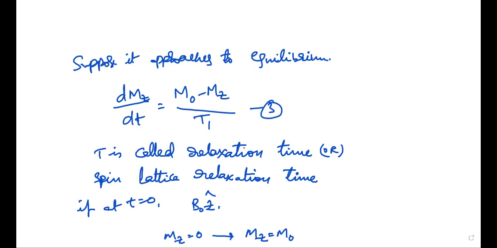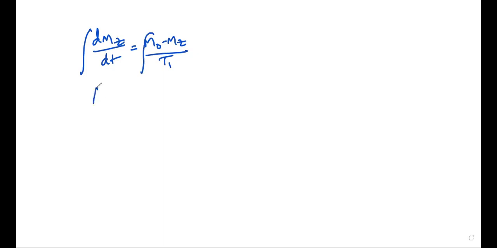Integrating this equation, dMz by dt equal to M naught minus Mz by T1, we get the integral of dMz by M naught minus Mz equal to 1 by T1 into the integral from 0 to t of dt.